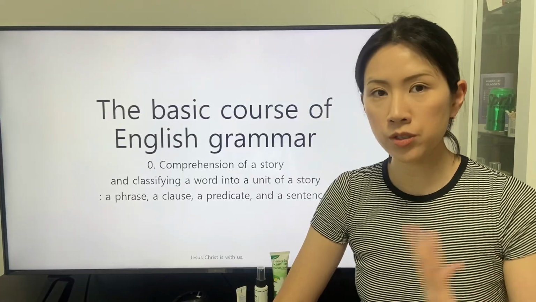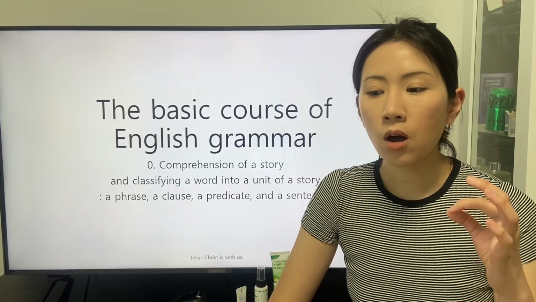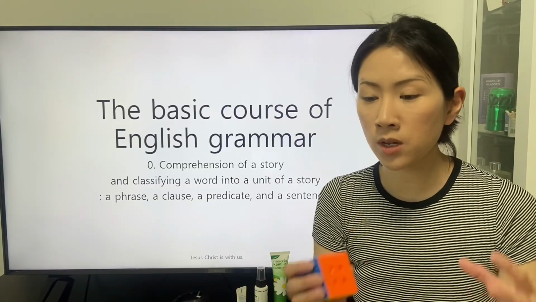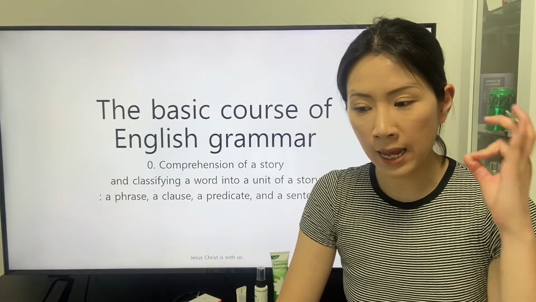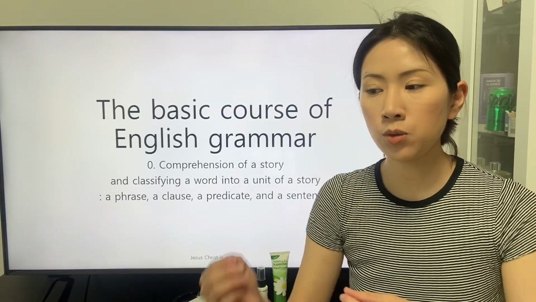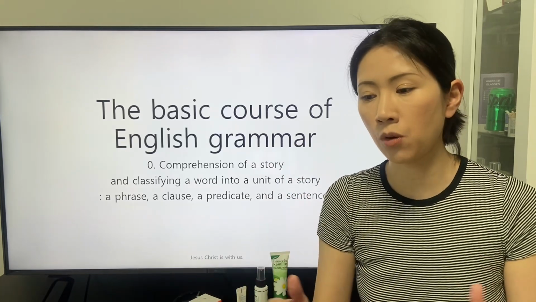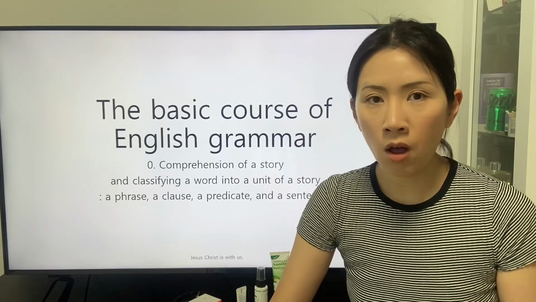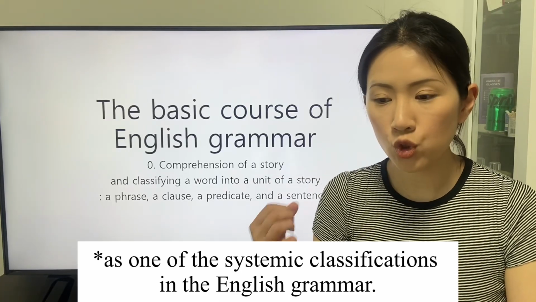As we are going to study the English grammar, we can identify the difference between a name and a noun. A name is similar to a noun to indicate a subject or an object.